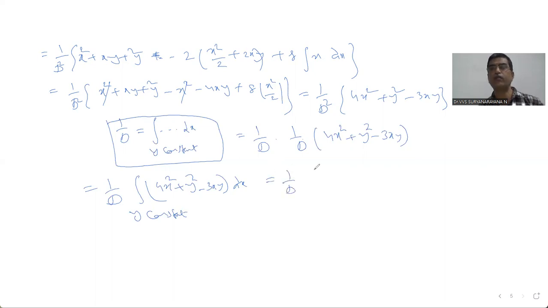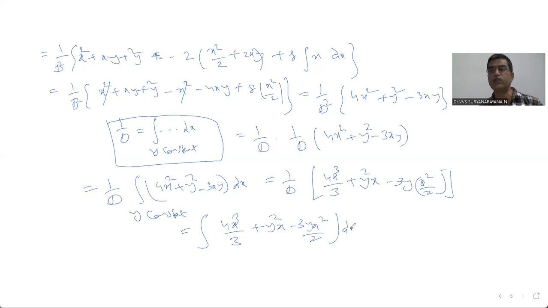So 1 by D of the integral of 4x square with respect to x: 4 into the integral of x square, x cubed by 3, plus y square constant, integral of 1 dx, x, minus 3y constant, integral of x, x square by 2. Okay. Now again 1 by D, which stands for again integral, the integral of 4x cubed by 3 plus y square x minus 3y x square by 2. 1 by D means integration with respect to x when y is constant again.